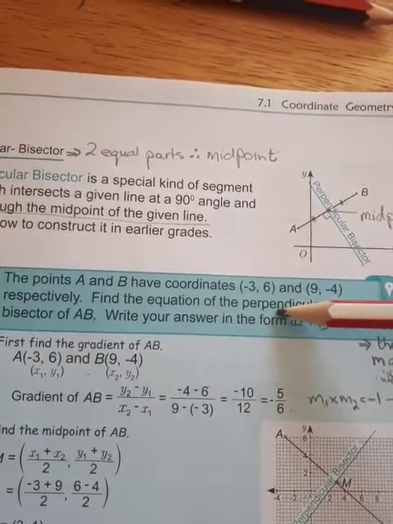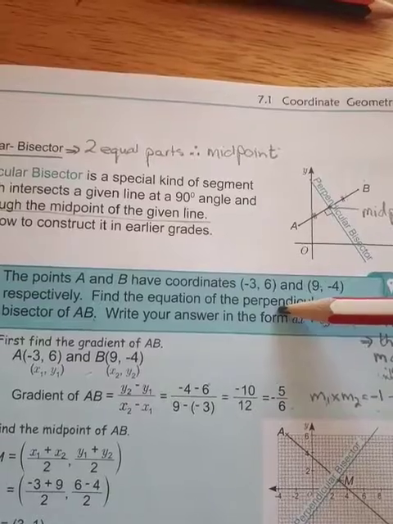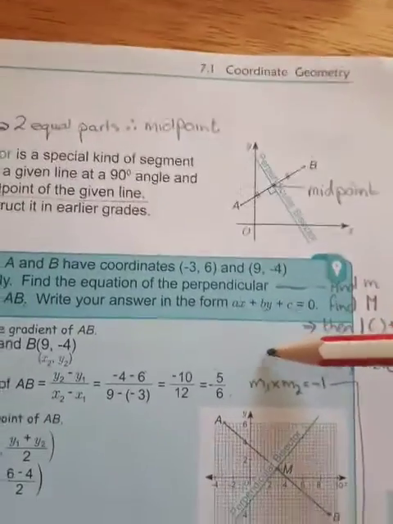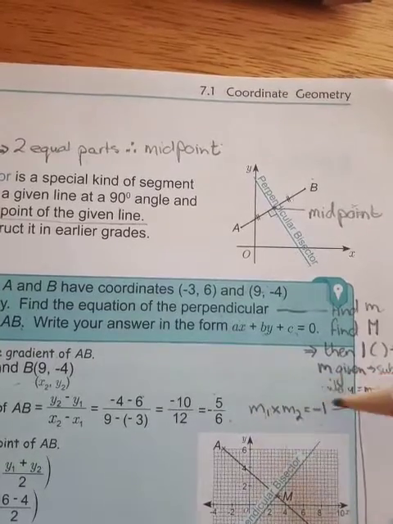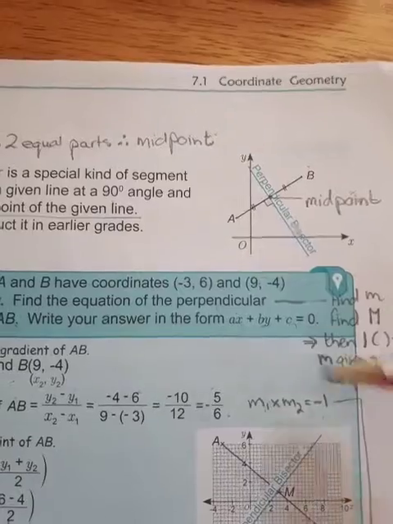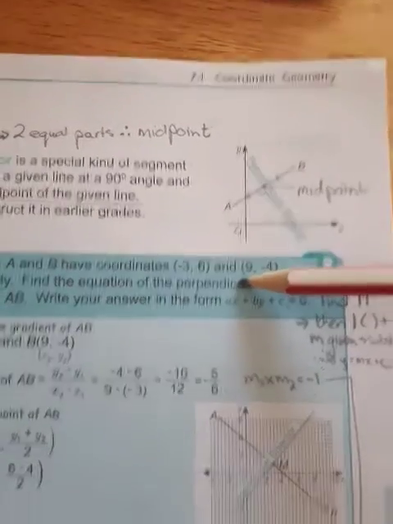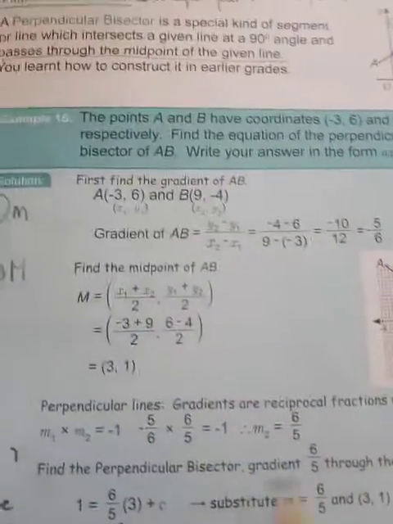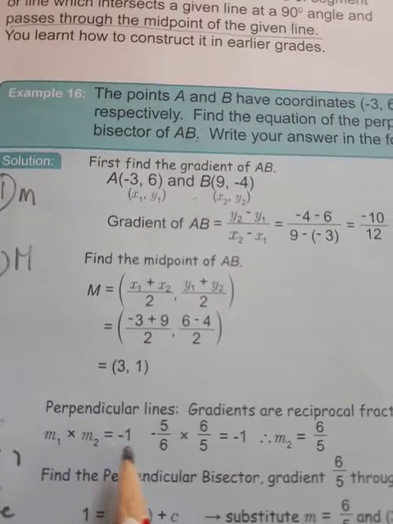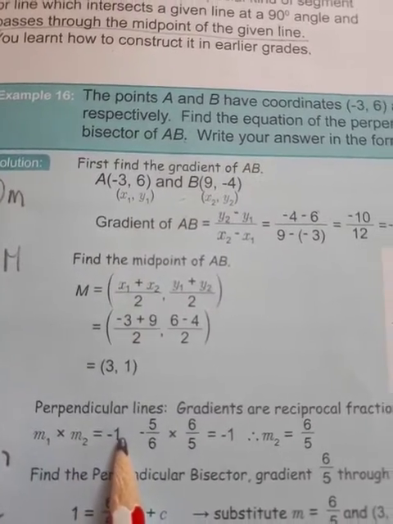Importantly, you must find the perpendicular bisector. Now, what we also know about perpendicular lines is that the two gradients multiplied will give us a product of negative 1. So the gradient of the perpendicular bisector is where the two gradients must give me negative 1.